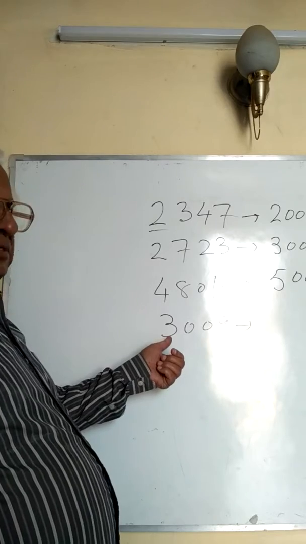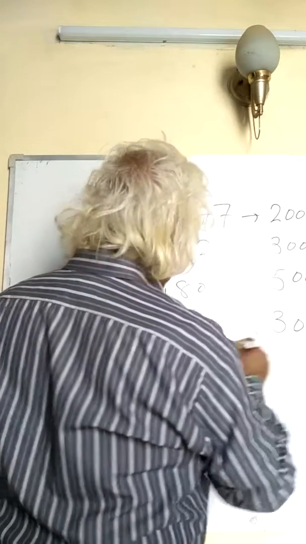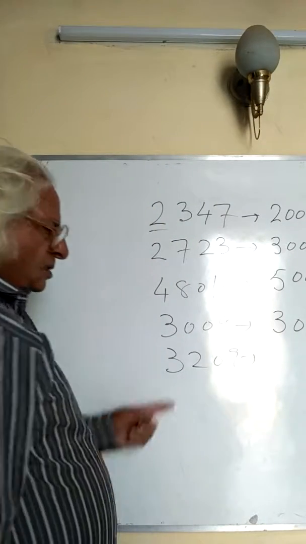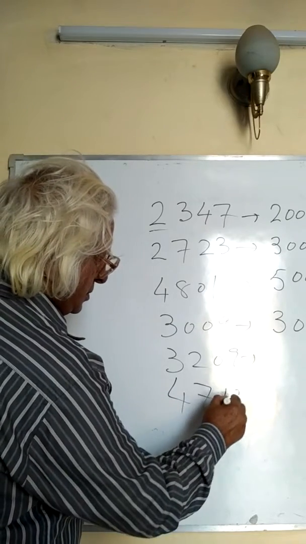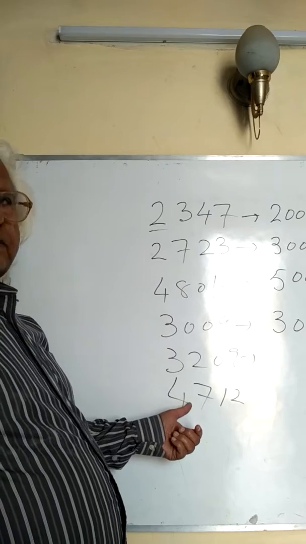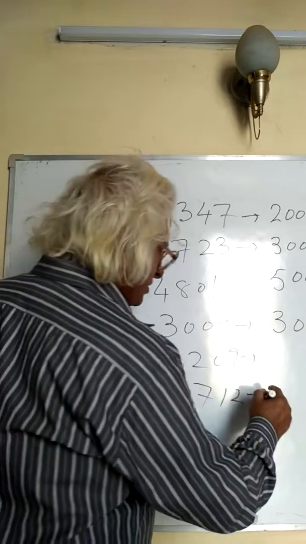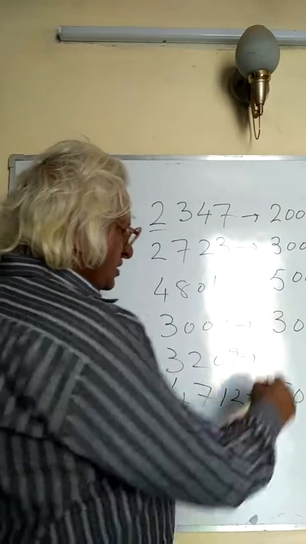So nothing will happen to this and this will be simply 3000. This will be 5000 because this is 7, more than 5. So it will be 5000. And this is 3000.